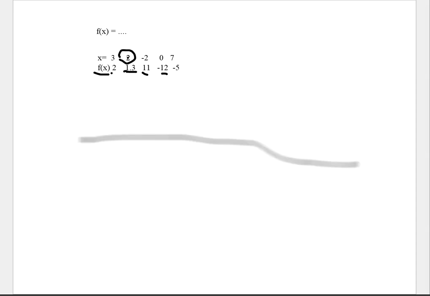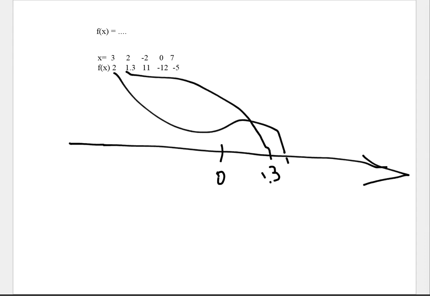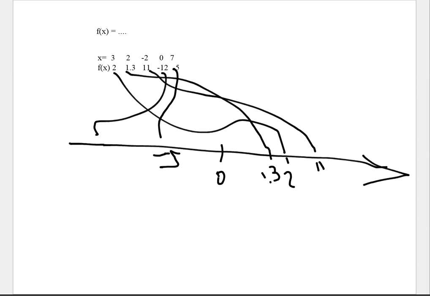If you draw the axis, we have 1.3, we have 2, we have 11, we have -5 and -12.